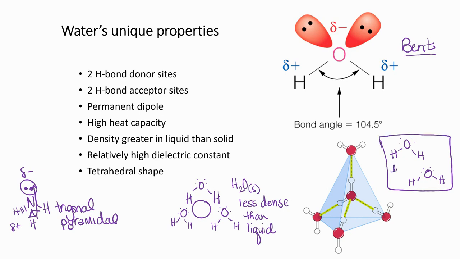So this will be our liquid. Water liquid is very, very attracted to itself. And so we have to heat it to 100 degrees Celsius at 1 atmosphere of pressure to get that water liquid to vaporize into a gas.